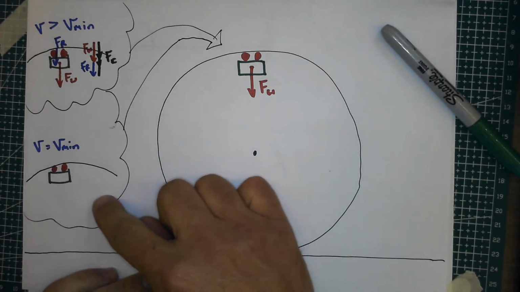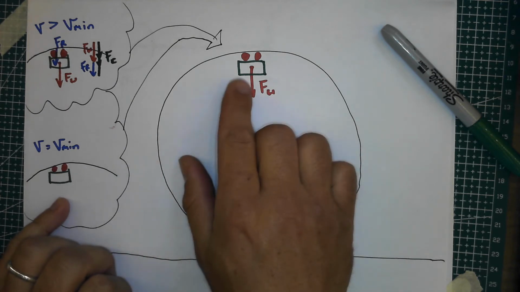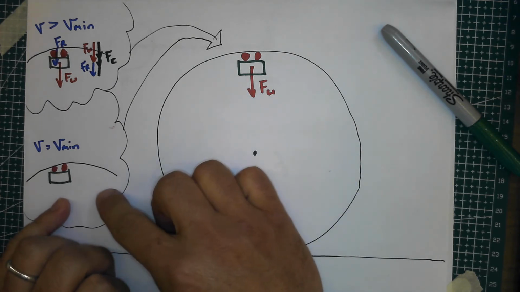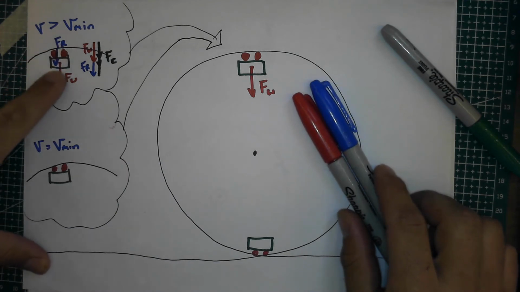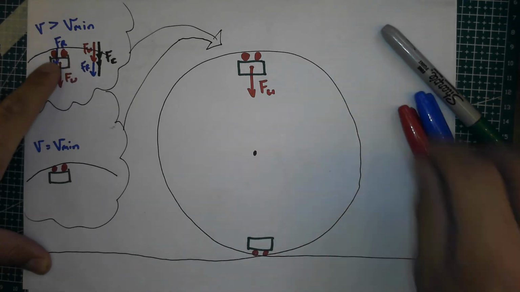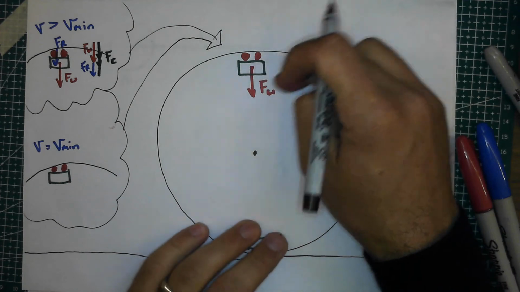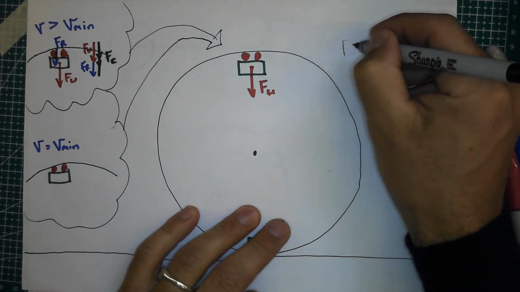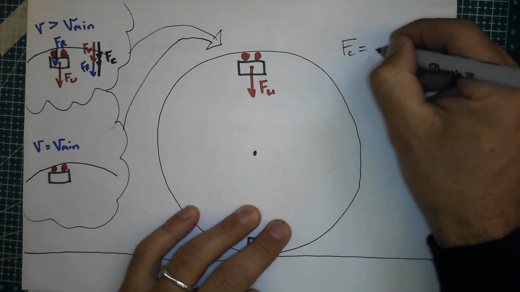So this is the type of question you're often asked: what's the minimum velocity that this car could be going at the top? And the minimum velocity occurs when no reaction force from the surface is required. If the car goes slower and slower, when is there no reaction force required?